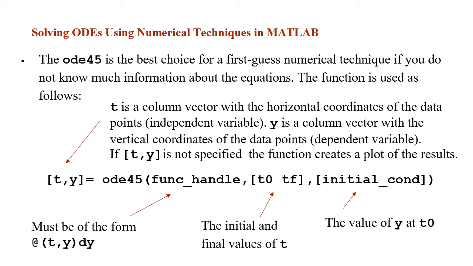The last input for ODE45, or for any numerical solver for ODEs in MATLAB, is the initial conditions array. It could be just one scalar or an array depending on how many equations you're trying to solve. The initial condition is basically the value of y at the initial time, so y at t0.